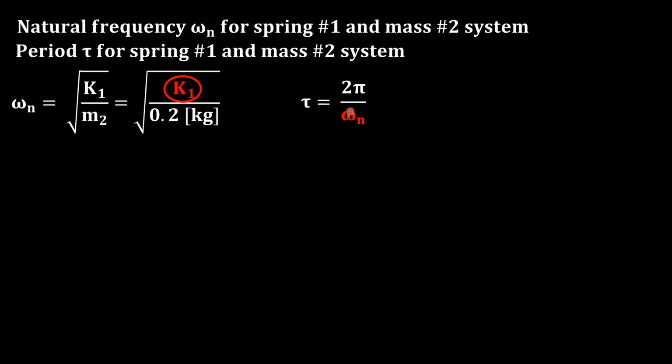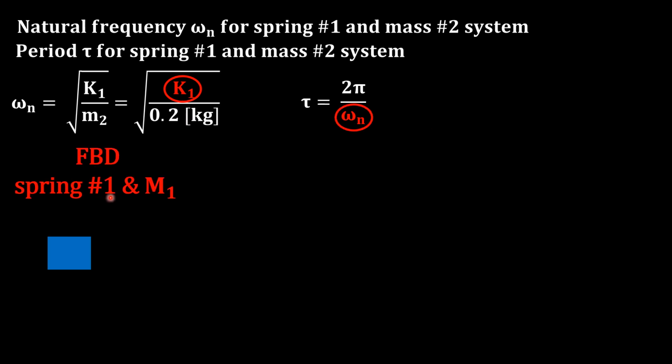And here what we want to find is the natural frequency of the system, and we will get this by finding the K value. So the free body diagram for spring number 1 and mass number 1 is 3 kilogram, positive y direction downward, weight due to gravity, and the spring will have a force opposite to the stretched displacement.